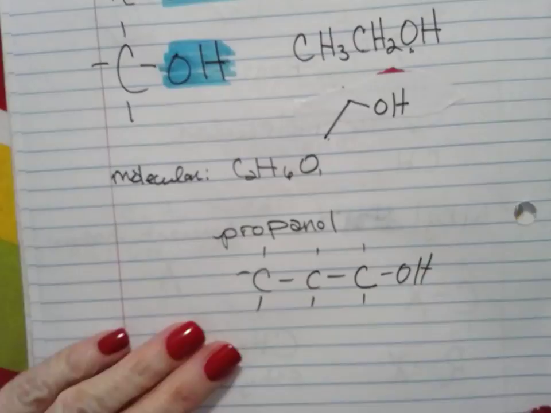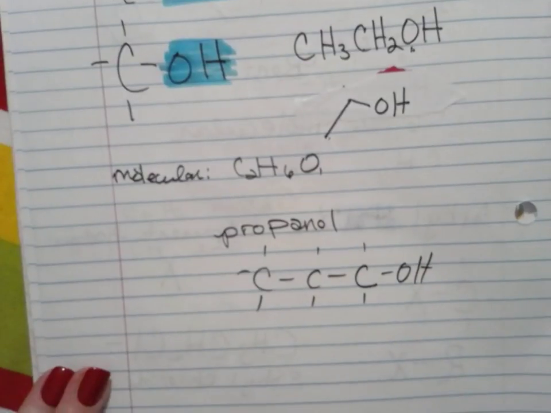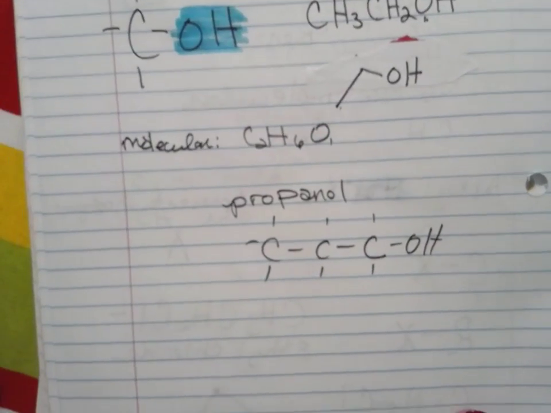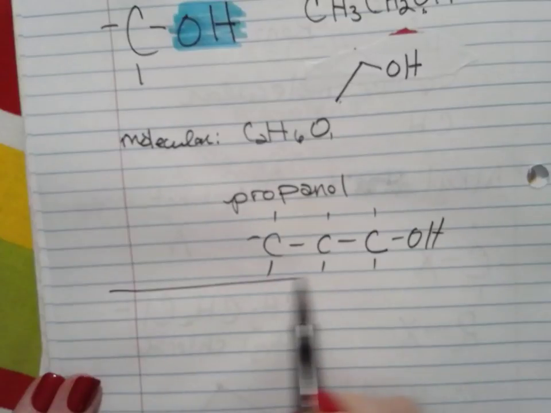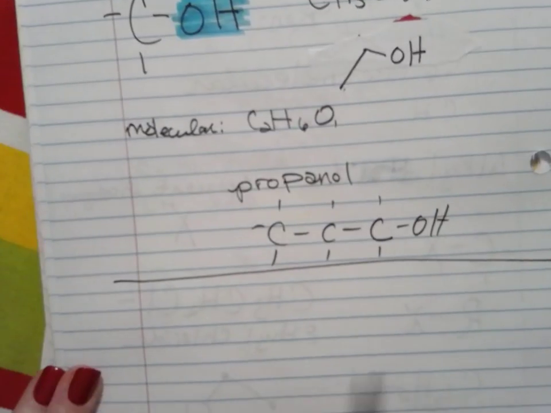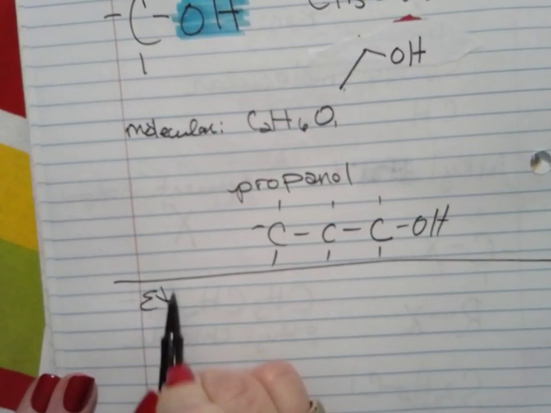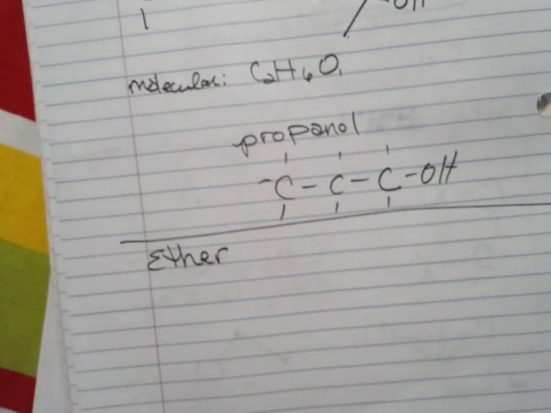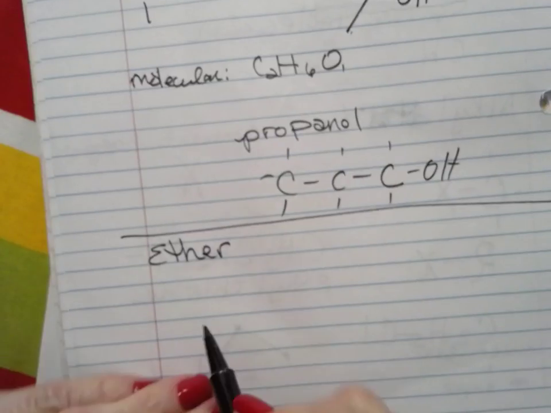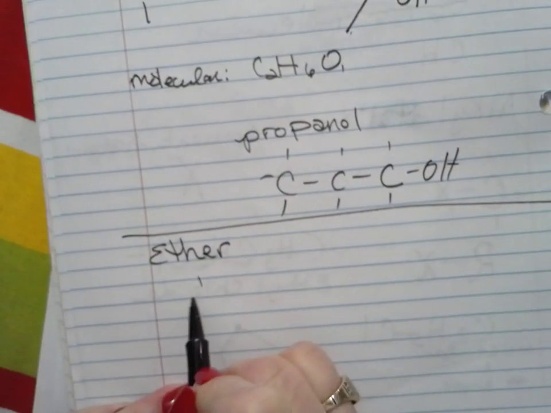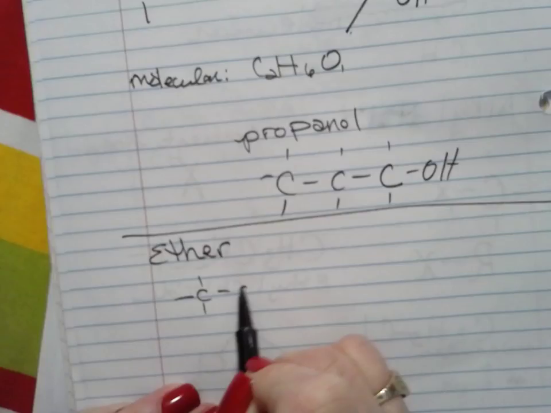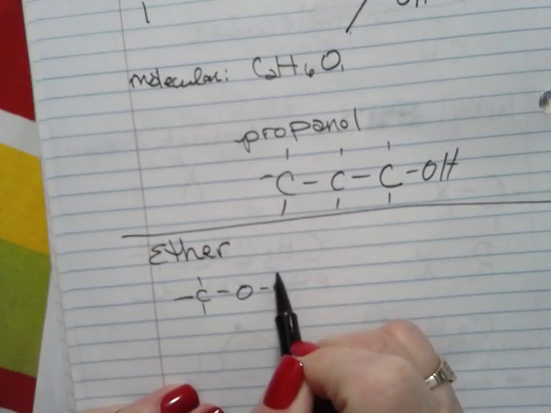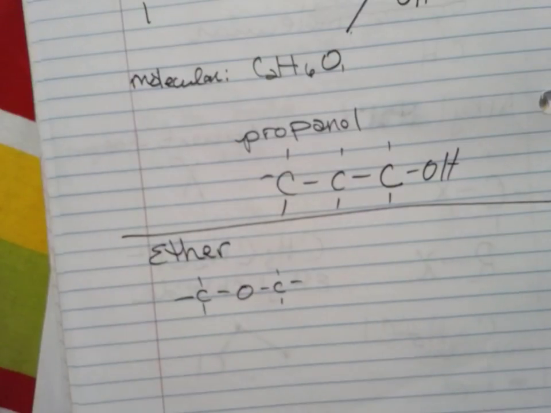Now, the next one is an ether. An ether is going to have an oxygen in the middle of it. So your book draws it this way. Well, I say in the middle of it, but it doesn't have to be in the middle.